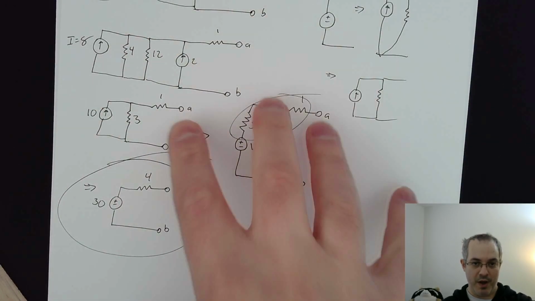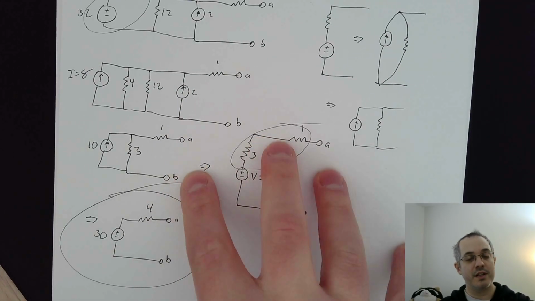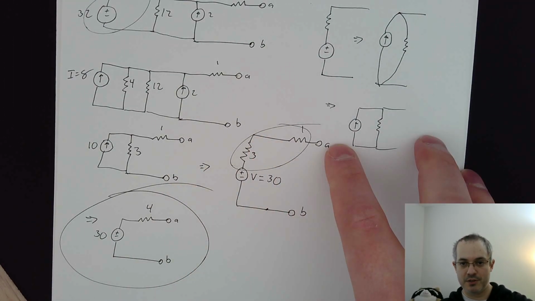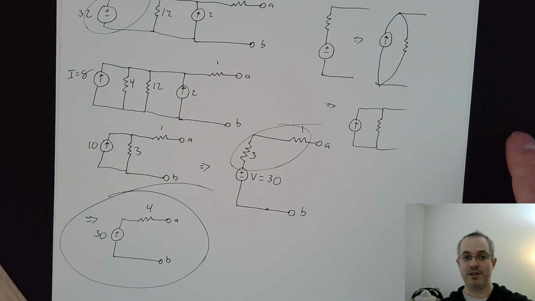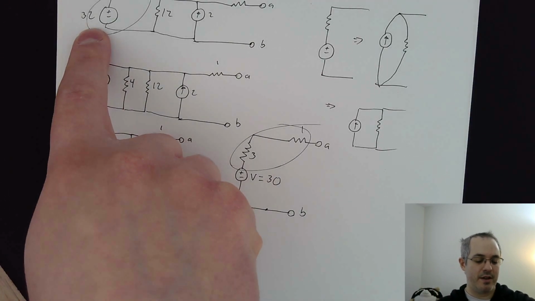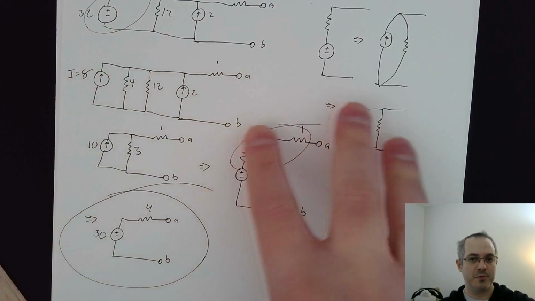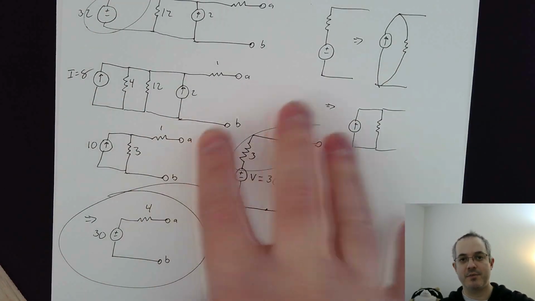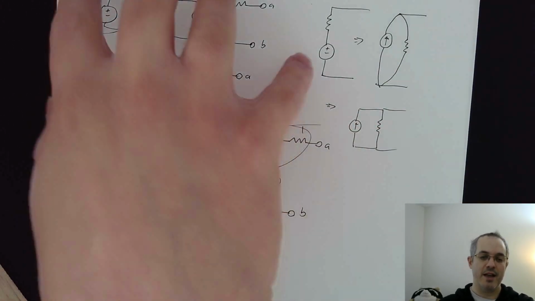But this way of doing it will really help you build a better intuition about how to analyze these circuits and get you to a point where you can do it very, very quickly. Maybe you have to have a calculator on hand, whatever. But it'll get you to a point, I promise, of being able to do it much faster.